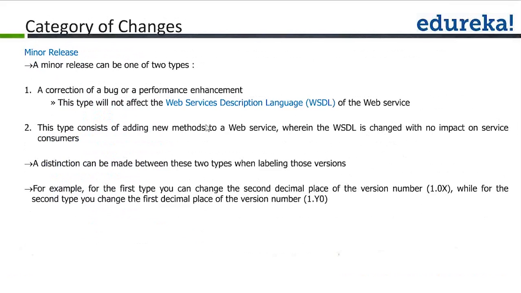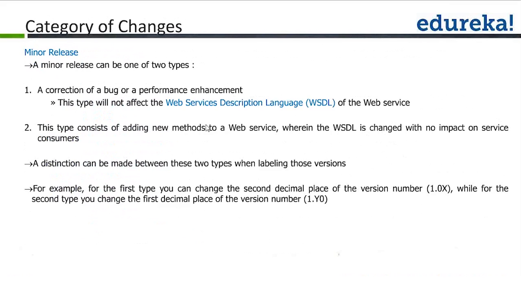Category of changes, right? The initial slides were talking about the type of changes and versioning approach. Now, category of changes. All the changes have been categorized. Once these changes are done and reflected, they enter the system. They are done by the providers, by the service developers.